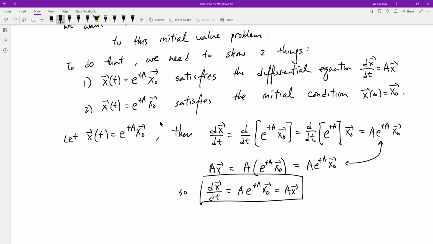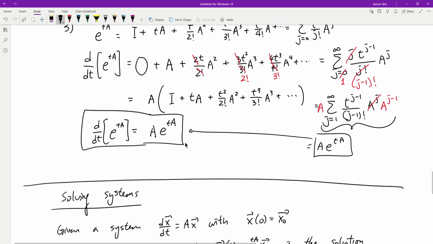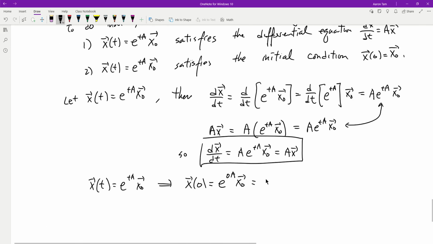Now let's try to do the second one. Let's say I take this, and now I'm going to plug in 0 to see what happened. That just equal to e to 0a vector x sub 0, which we know, as we already showed right here in this property, e to 0a just equal to I. So that becomes I times vector x sub 0.